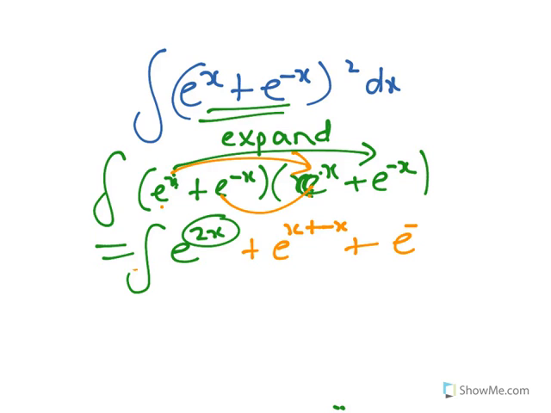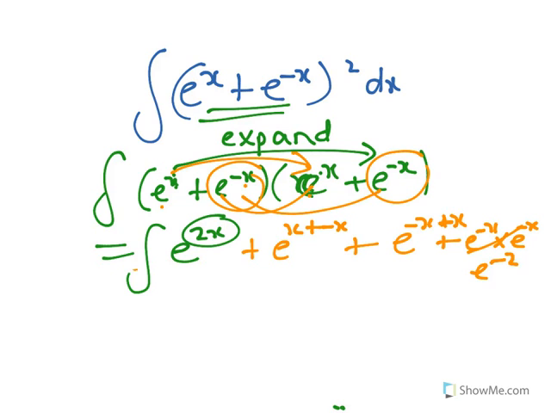E to the minus x times e to the x, you have to add the indices, so that's going to be plus x, which will give you 0. And e to the minus x times e to the minus x will give you e to the minus 2x, because minus x minus x is minus 2x.